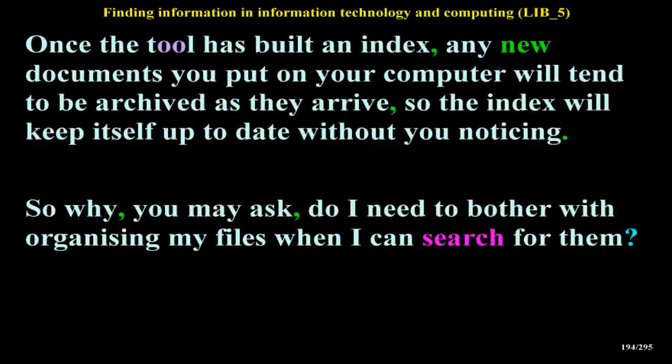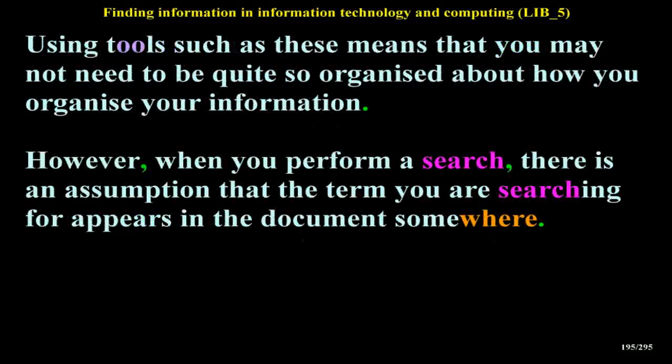So why, you may ask, do I need to bother with organizing my files when I can search for them? Using tools such as these means that you may not need to be quite so organized about how you organize your information. However, when you perform a search, there is an assumption that the term you are searching for appears in the document somewhere.